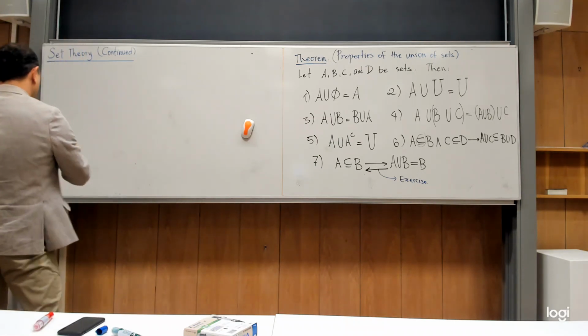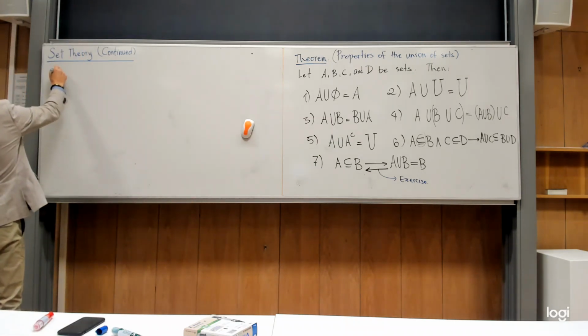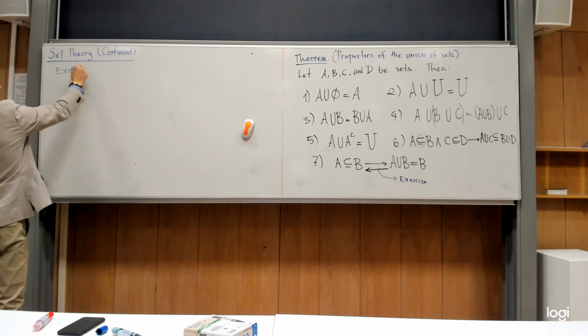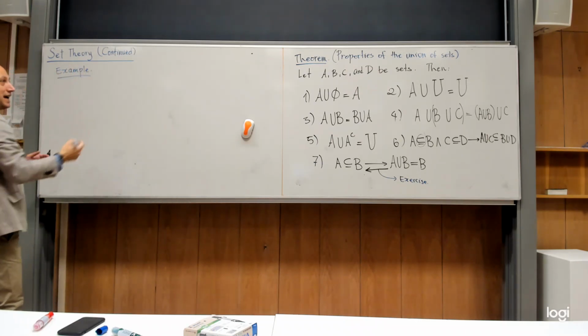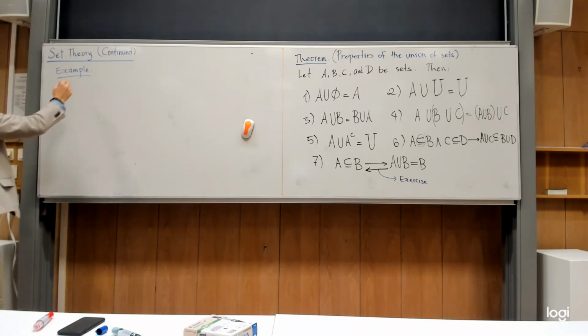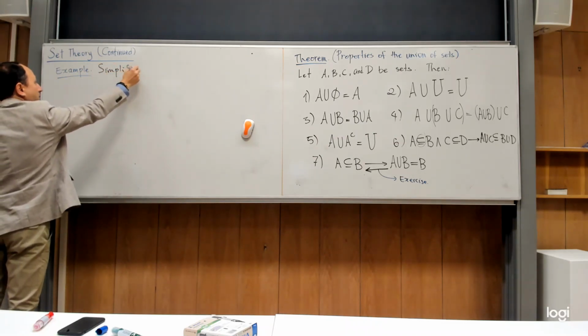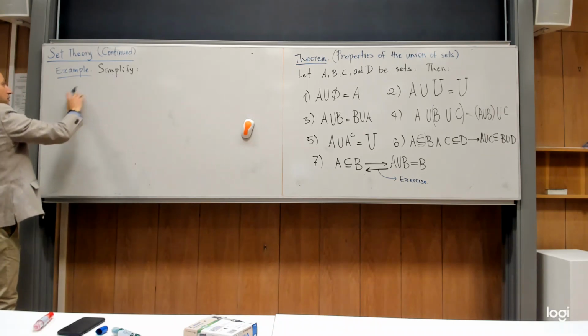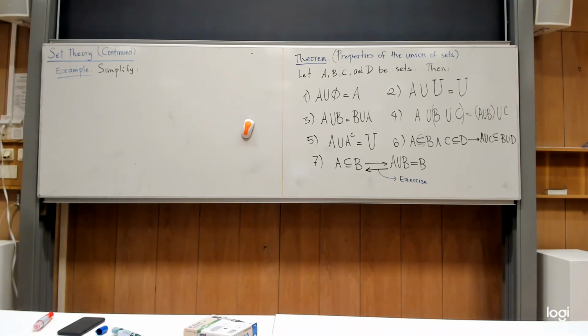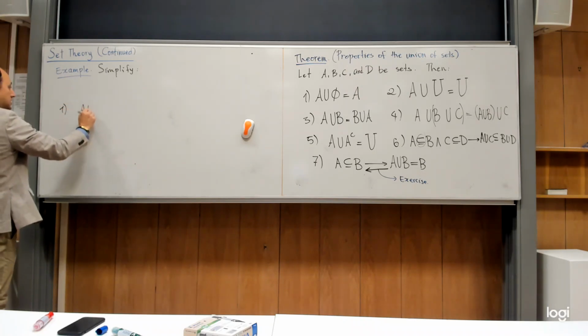Example, simplify. So you see, exactly like algebra. Of course, I am talking about sets, so whatever I am using is actually a set. So, for example, number 1, can you tell me what happens for this?